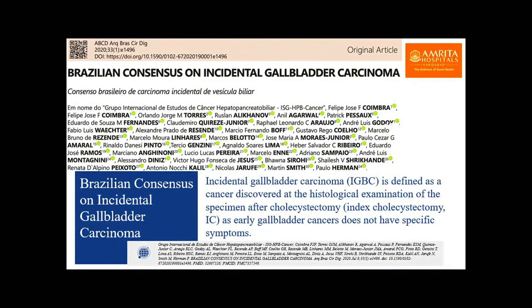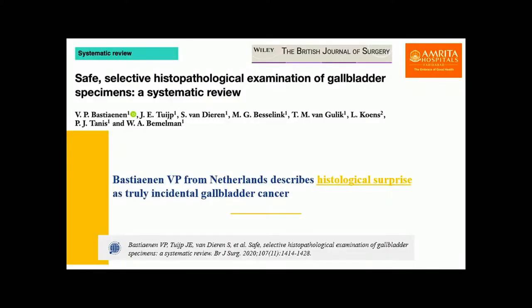The Brazilian consensus paper mirrors the ICMR consensus paper in only taking the specimen which was done for a benign pathology and subsequently revealing a gallbladder cancer. Dr. Bastiaenen from Netherlands described incidental gallbladder cancer as a histological surprise, which probably is the most abridged definition that we can think of.